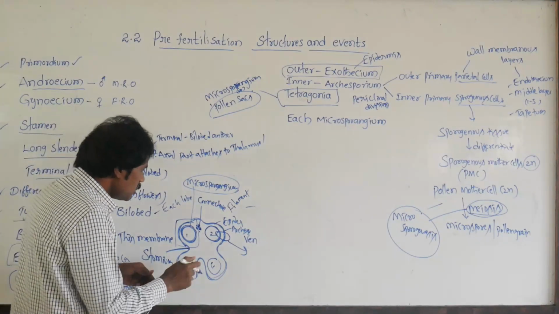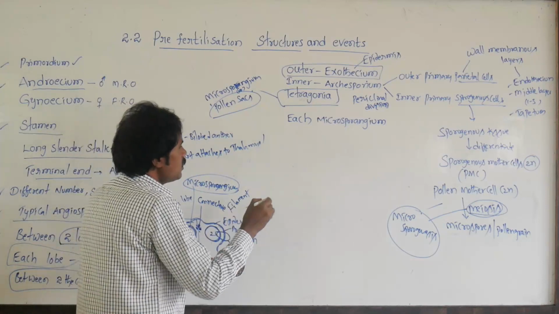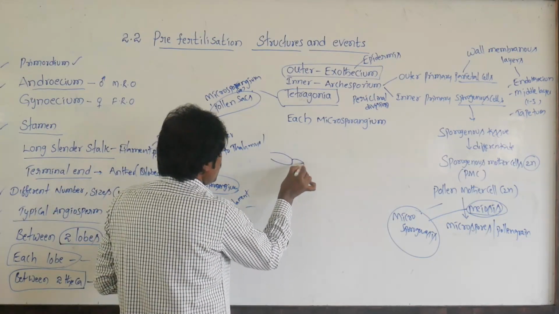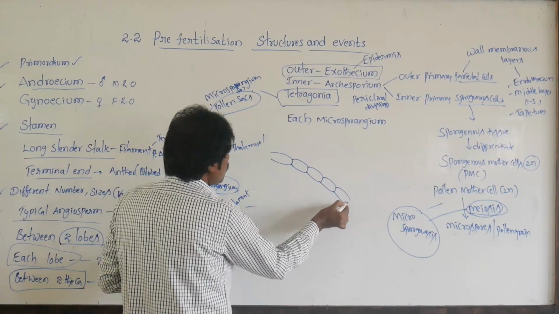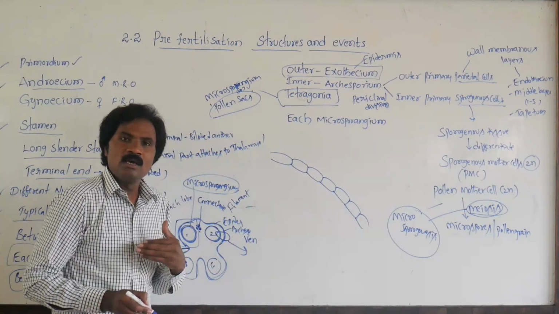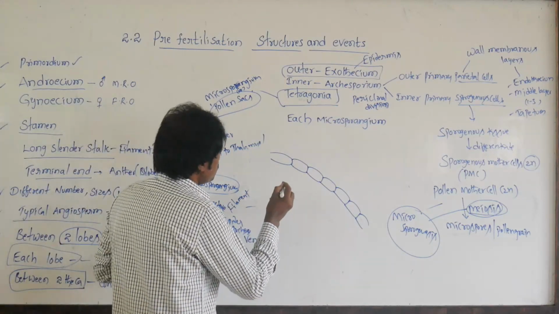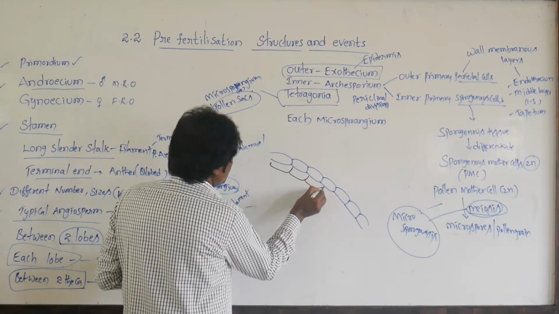If you observe this particular view and expand it, the outer one is the epidermal layer, then inner is the fibrous endothecium.